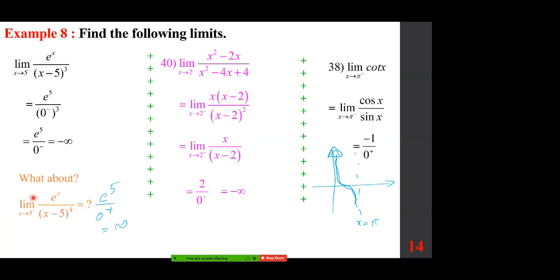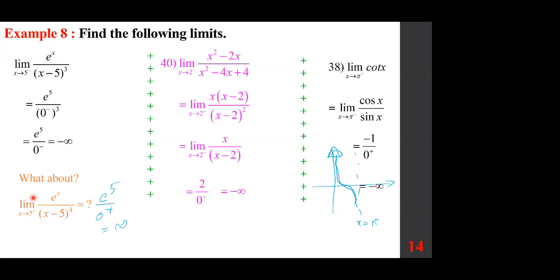And this is negative 1 over 0 from the right because x is approaching pi from the left. I hope you remember that in the first and second quadrant, sine is positive. So when we say pi from the left, that means like 179 degrees, which is the second quadrant, and sine is positive. So the result negative over positive is negative infinity, okay?